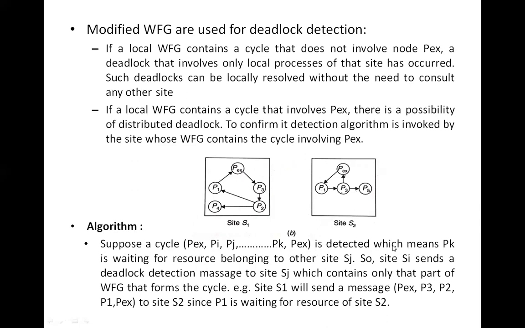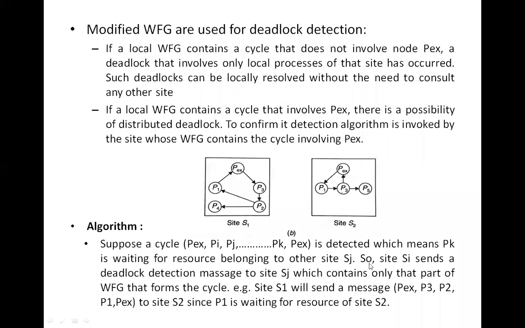It is detected, which means that PK is waiting for a resource belonging to the other site SJ. This is site SI and this is site SJ. So PK is waiting for the resource belonging to the other site SJ.